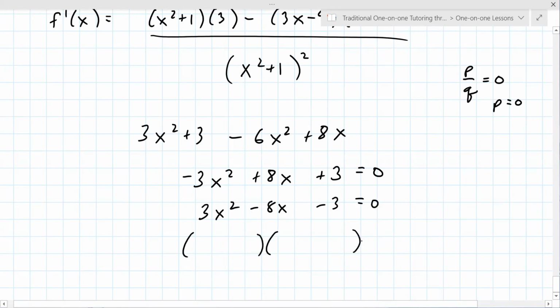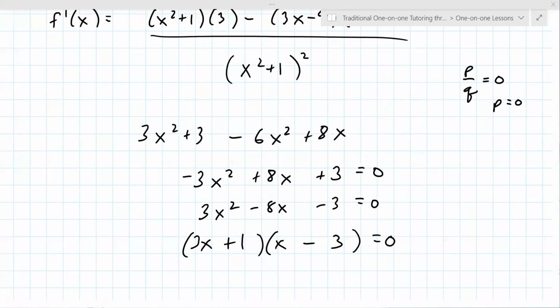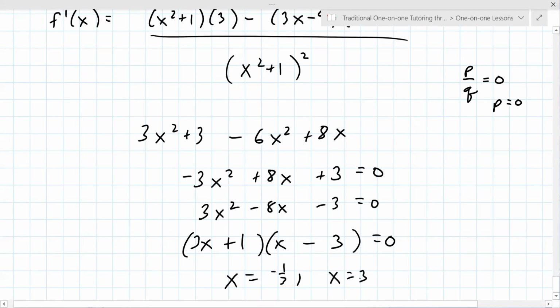They're not testing your algebra, so you don't have to do any sort of crazy thing here. But you got to be able to do some light factoring. So notice x equals -1/3, x equals 3. Are either of those in the window from -2 to 2?